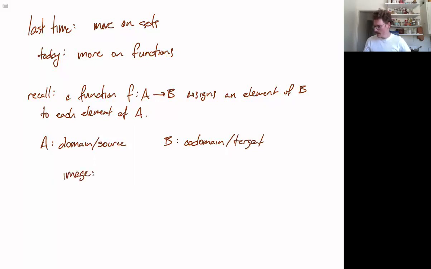An image essentially means going forward through the map. So if you have an element of A or a subset of A, then if you apply f to it, you get an element or a subset of B, which is called the image. And the pre-image is going backwards.